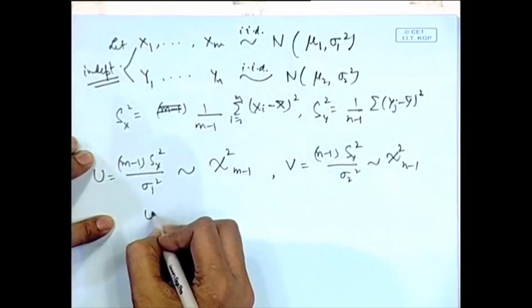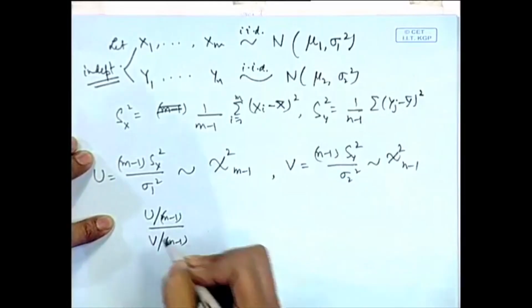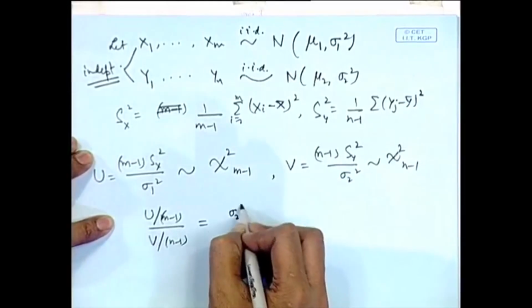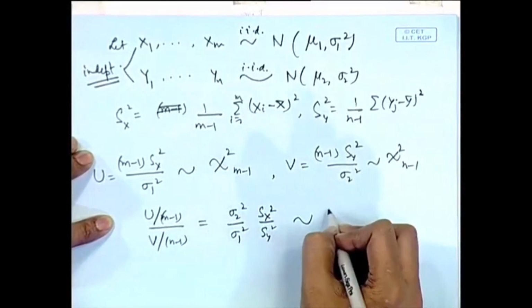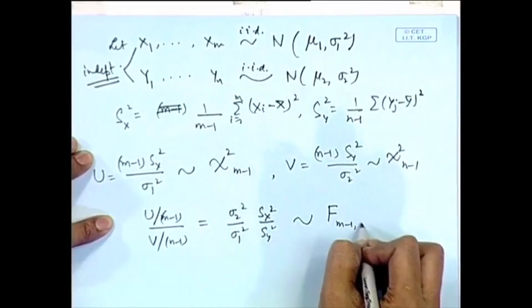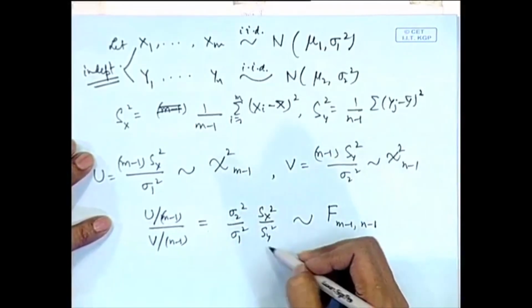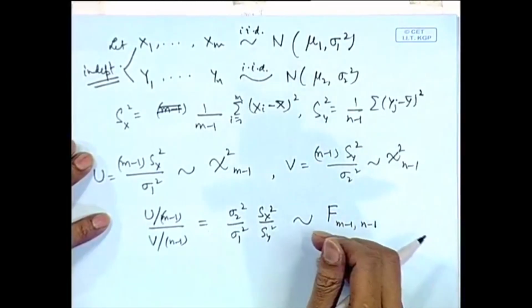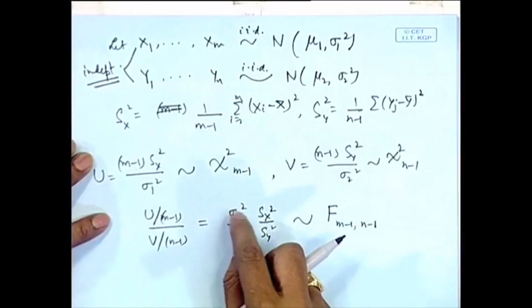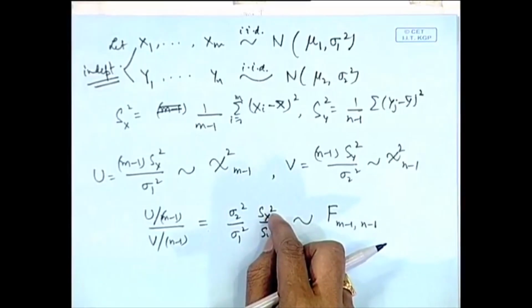Then if I take the ratio u divided by m minus 1 divided by v divided by n minus 1, this is nothing but sigma 2 square by sigma 1 square into S x square by S y square, that follows f distribution on m minus 1, n minus 1 degrees of freedom. So, this result is used quite frequently in drawing inferences on ratios of the variances, because ratios of the population variances and ratios of the sample variances are occurring here.